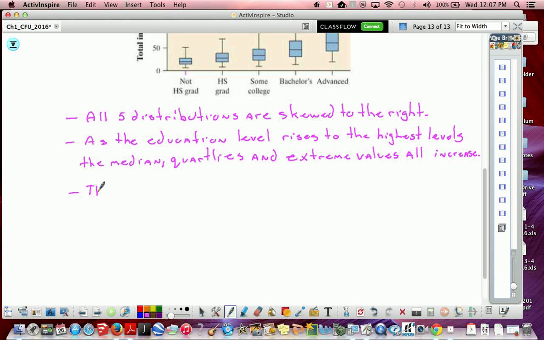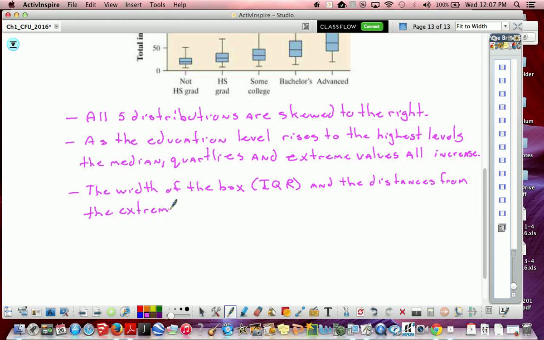The width of the box, which is our interquartile range, and the distances from the extremes. When I'm talking about the extremes, I'm talking the low and high. Maybe that will help you if you don't know what I'm saying about the extremes.